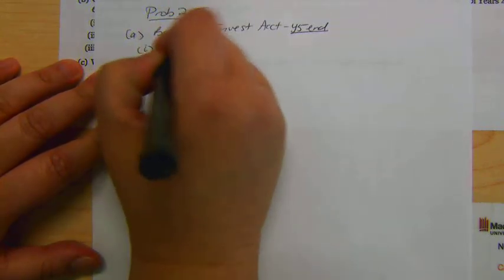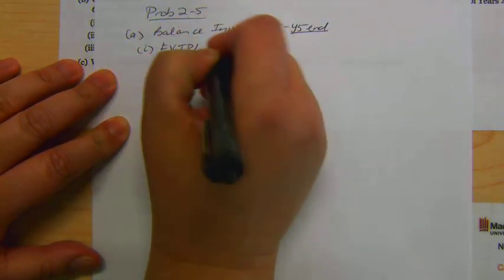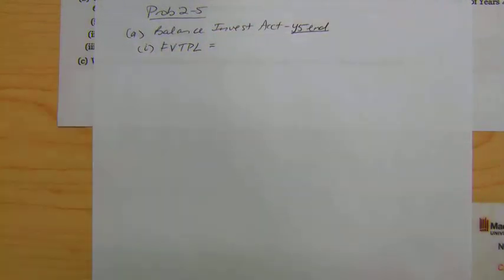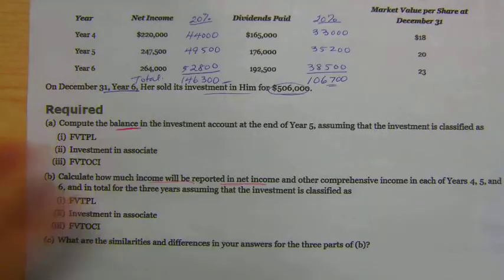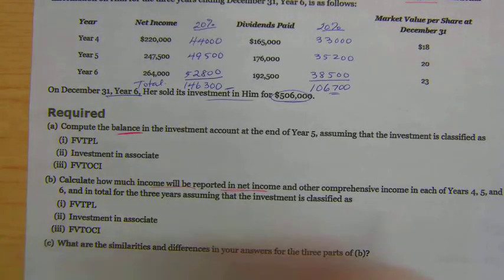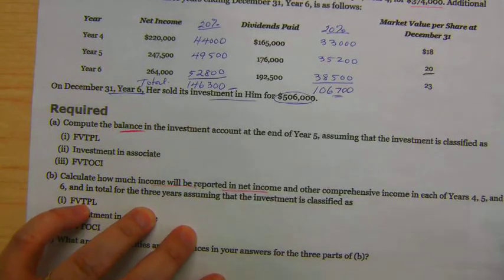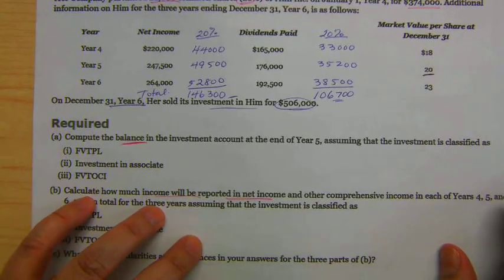for fair value through profit or loss, what do we do at the end of every year? Mark it to fair value. So at the end of year 5, if this is the fair value price of the share, do we care what happened before? No. So you can say 22,000, right?